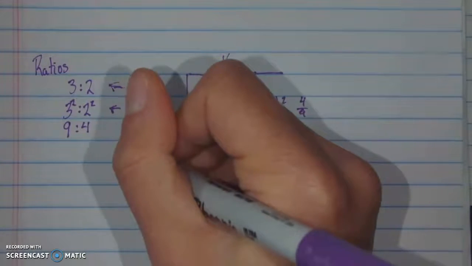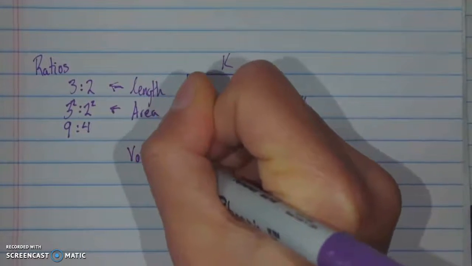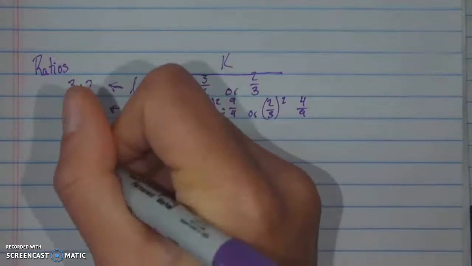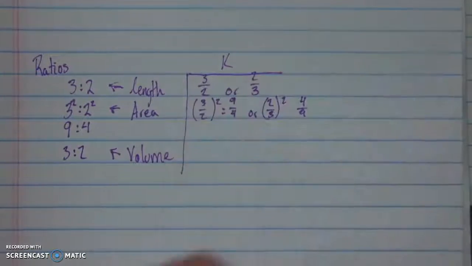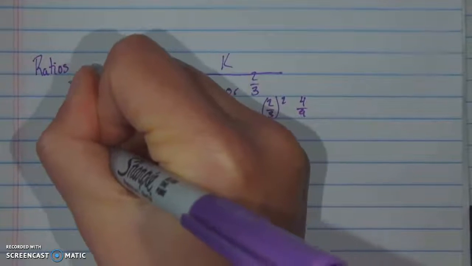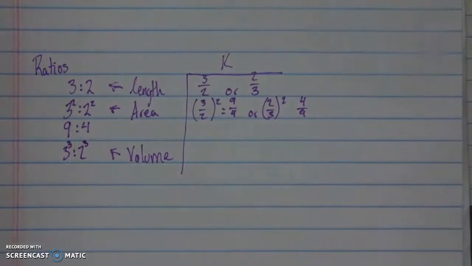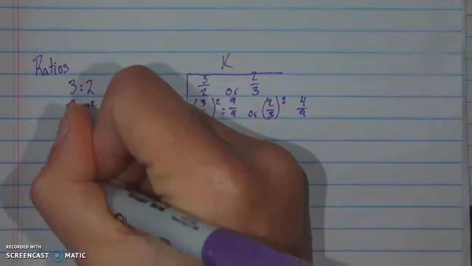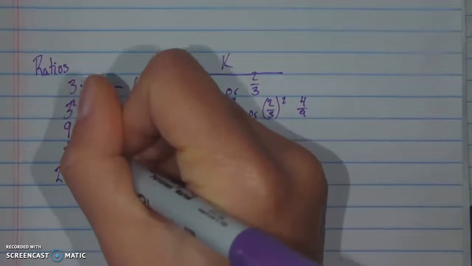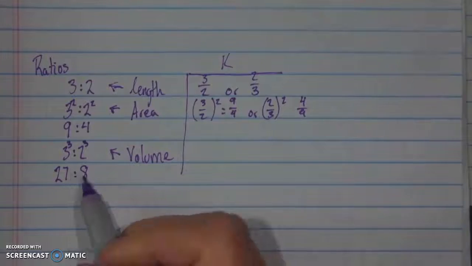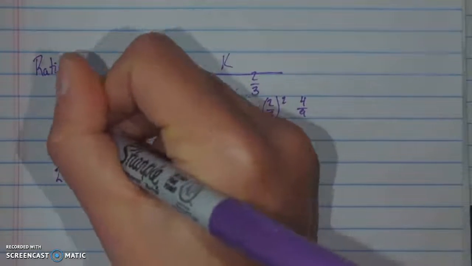So with volume, again, we have that same idea, where if you started with 3:2, in volume, since you're in the third dimension, you're going to cube these, because you're looking at the change three-dimensionally. And that gives us a ratio of 27, or 3 cubed, to 2 to the third, which is 8. So 27 to 8 would be our end ratio there.